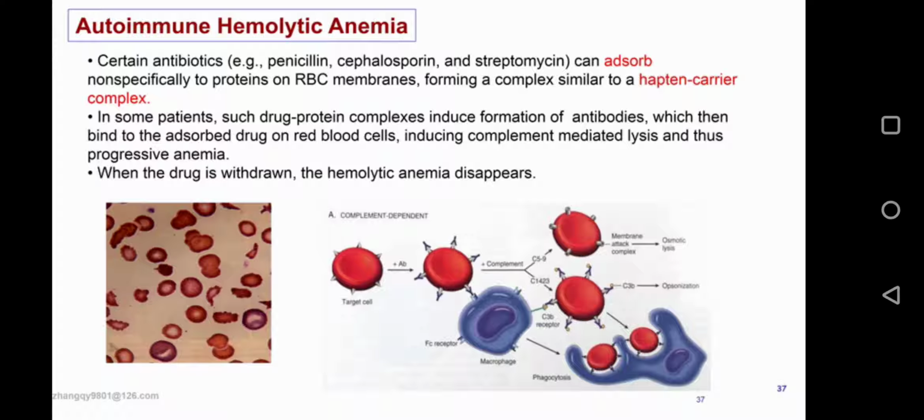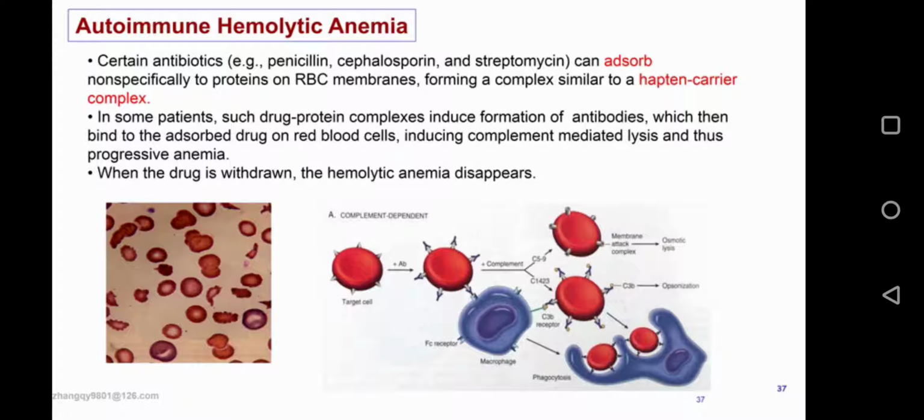blood cell. So this is a normal cell, right? But if they bind to the drug, to the medicine, the red blood cell is decorated, right? So if it is decorated, our immune system will consider it foreign, not a normal cell, right? So it will induce antibody, and this antibody binds to the antigen.